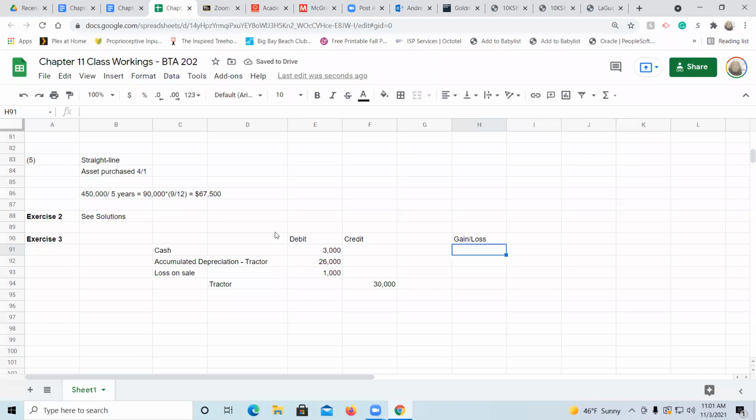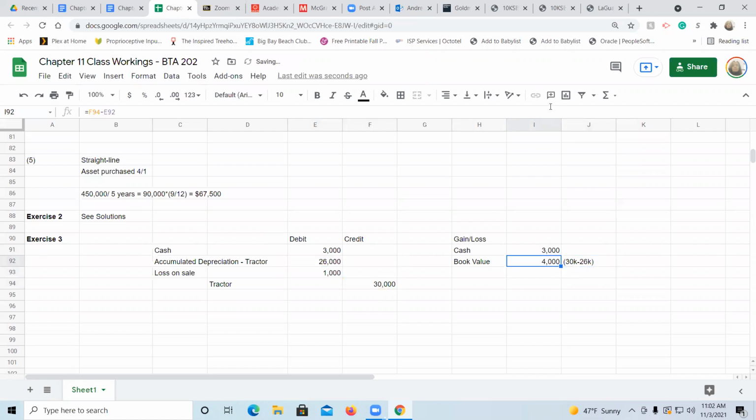But let's look at what's happening for a calculation. You're saying I received cash of 3,000, and now my book value is what I compare that to. The book value is the cost minus the accumulated depreciation. That's 4,000, right? So that's 30K minus 26K.